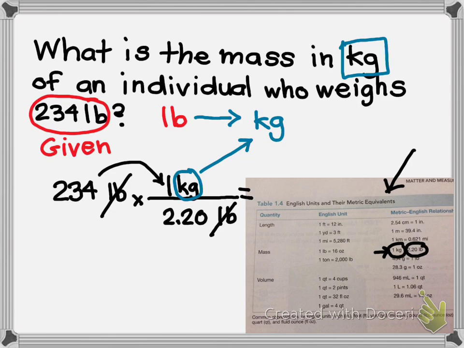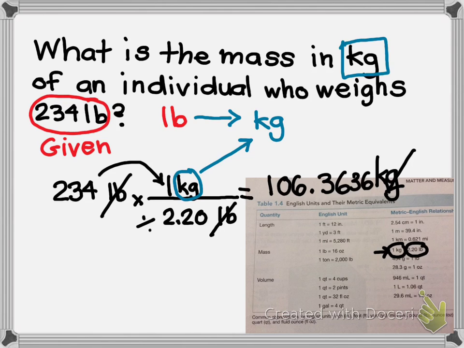And then since the 2.20 is in the denominator, I will then divide by 2.20. And I get the answer 106.3636, and it keeps going till eventually I have a 4. And now the units are kilograms.